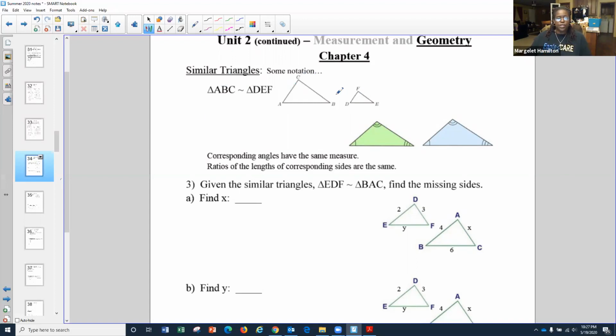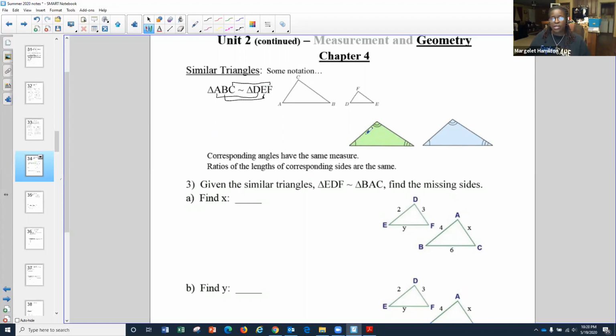Here we note that the order of the letters in the statement corresponds to the similar triangle. So A corresponds to D, B corresponds to E, and C corresponds to F.